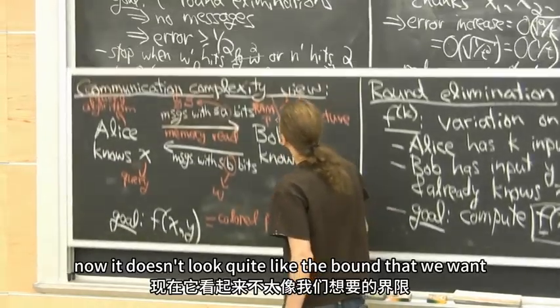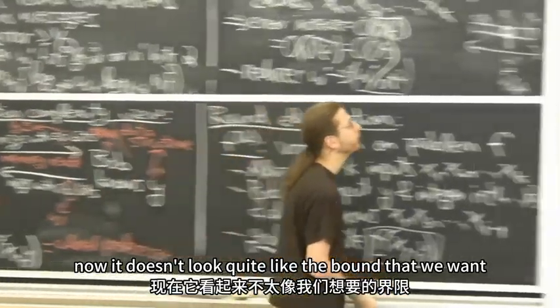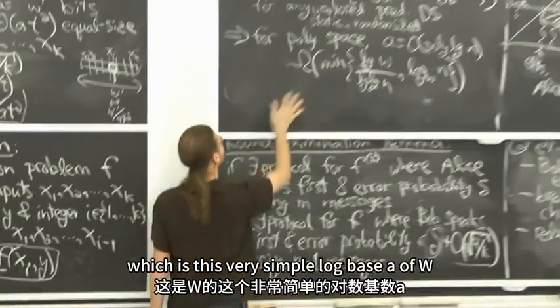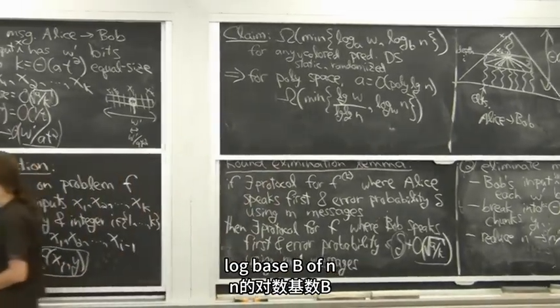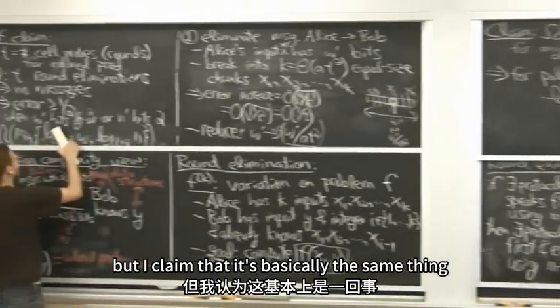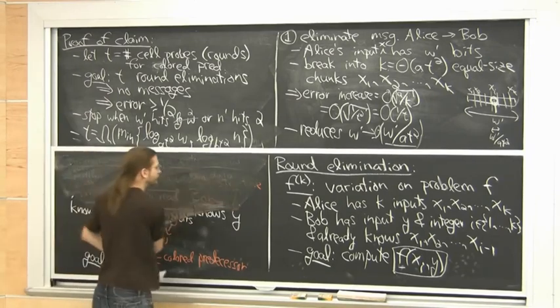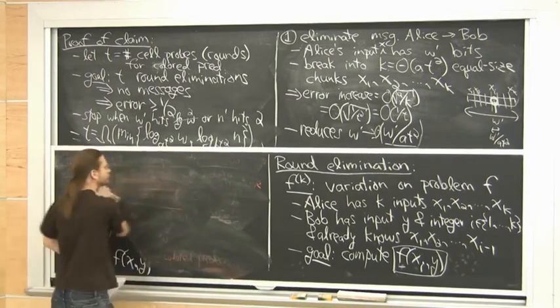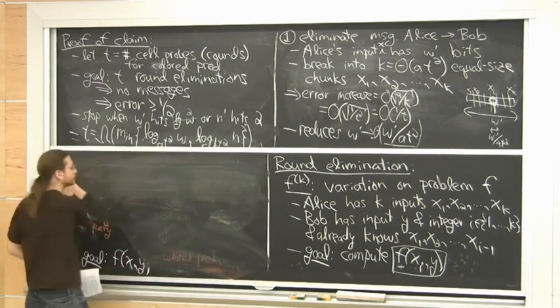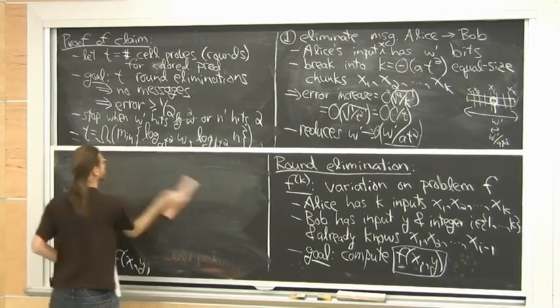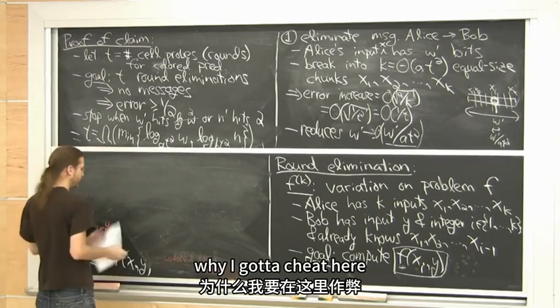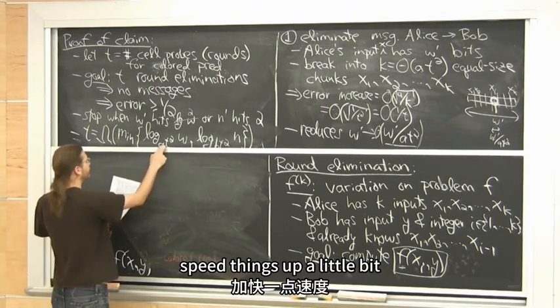Now, it doesn't look quite like the bound that we want, which is this very simple log base a of w, log base b of n, but I claim that it's basically the same thing. Why? I'm going to cheat here, speed things up a little bit.